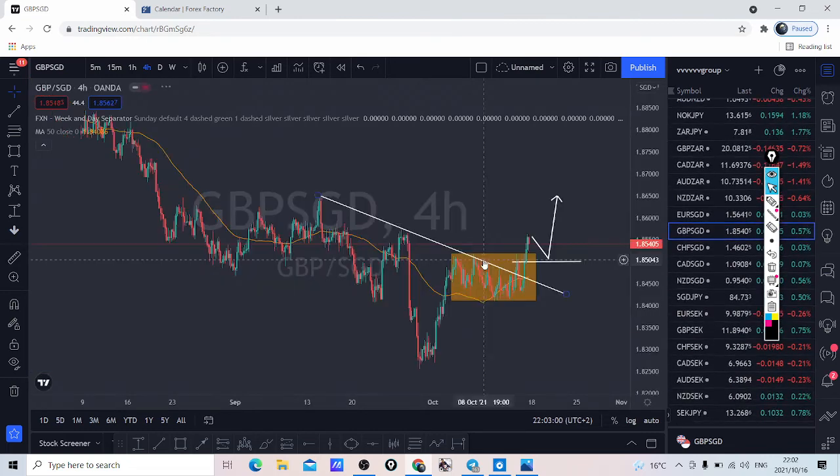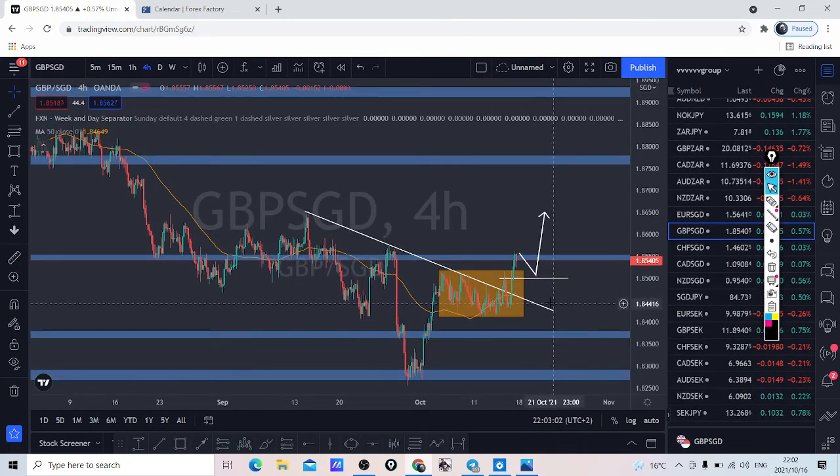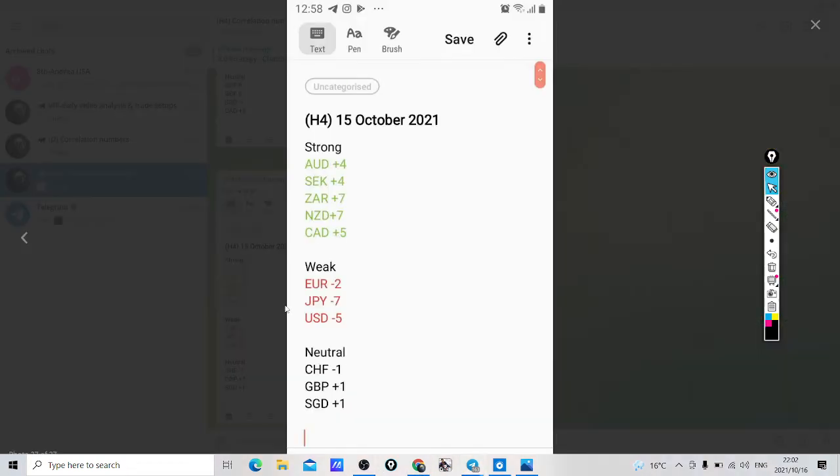GBP SEC. Okay, this one, guys, is going to catch us on the wrong side of the market. We are not going to buy it. Why? Because GBP is flat, and the SEC is also flat. GBP and SEC are neutral.